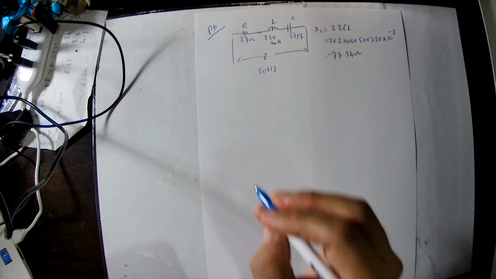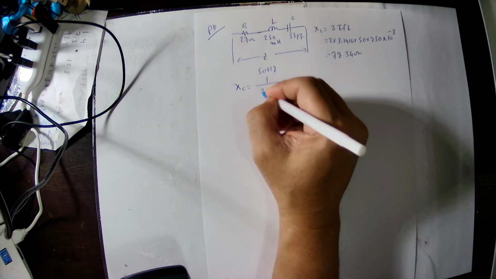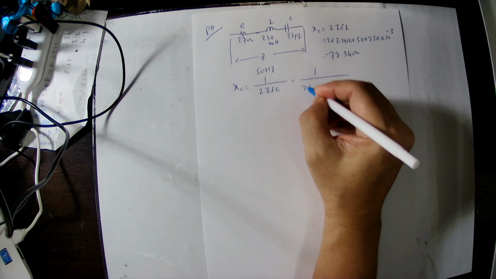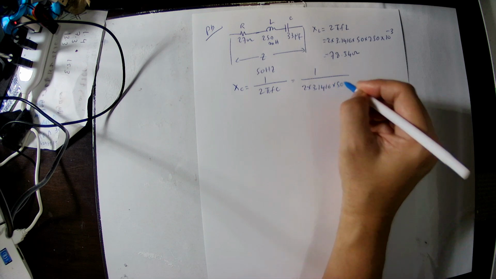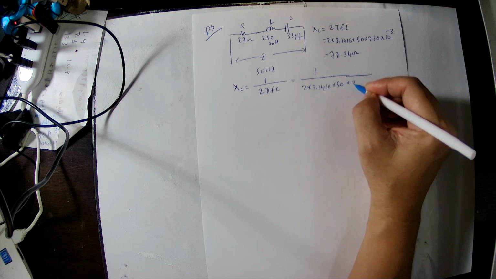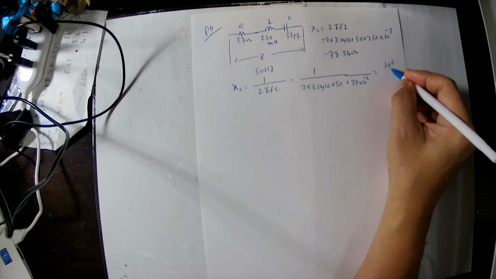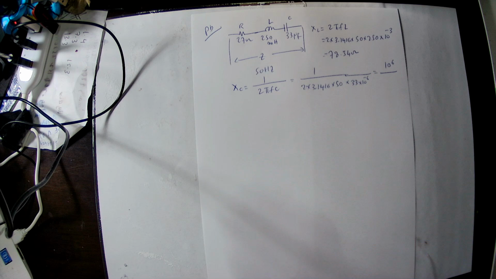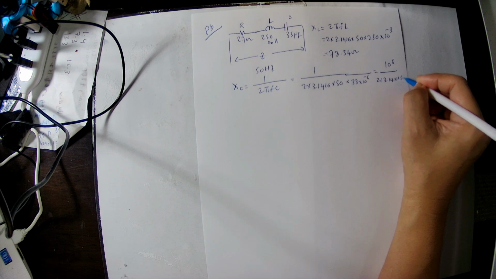Then we also find the capacitive reactance XC. XC is equal to 1 by 2 pi FC. In this case, we substitute 1 divided by 2 times 3.1416, frequency 50, and capacitance value is 33 microfarad times 10 to the power minus 6. So 10 to the power 6 divided by 2 times 3.1416 times 50 times 33.